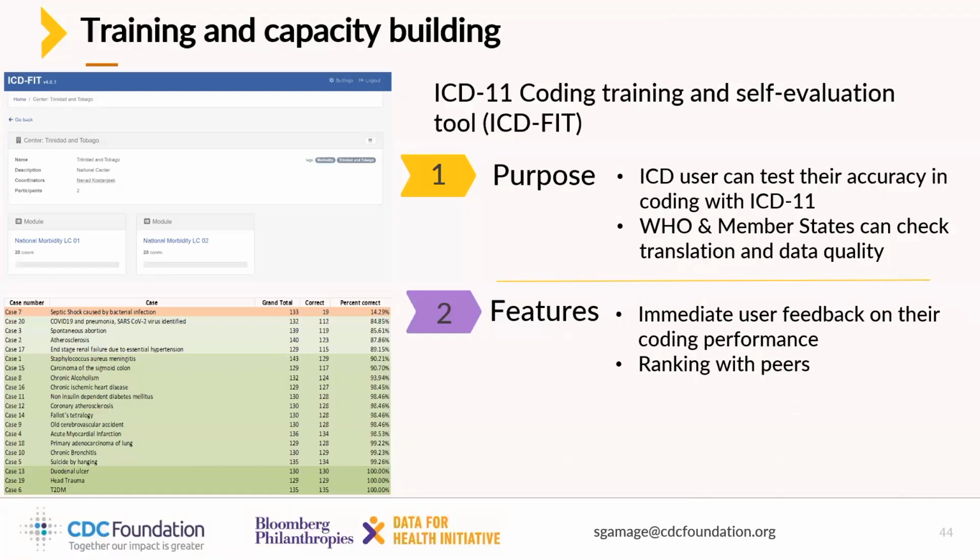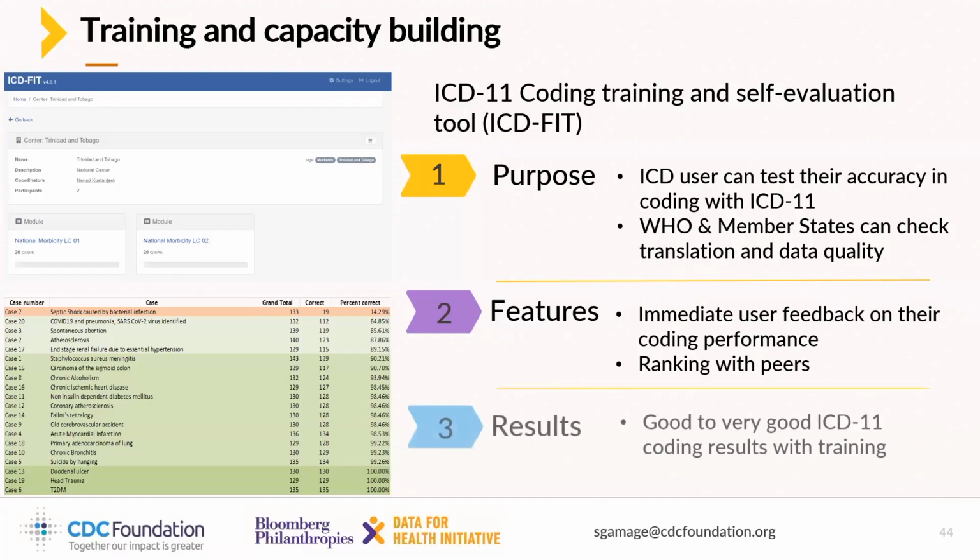You can create an account, you can send your request, and you can join any coding center, and then you can do the exercises for morbidity and mortality, and then you can check your performance by yourself. And there will be a coordinator who will help you and take you in, and yeah, so you can see your ranking with peers.